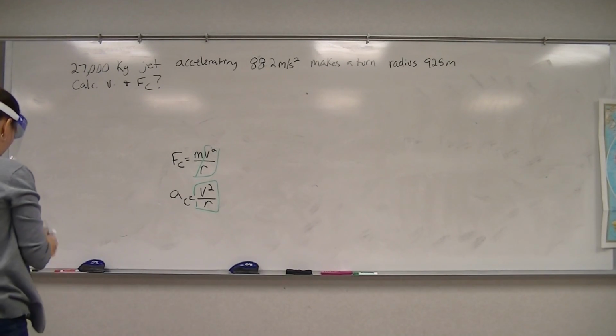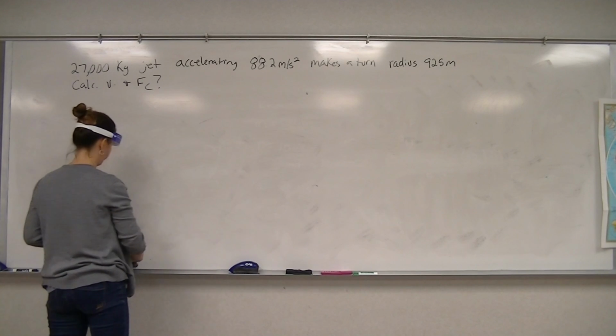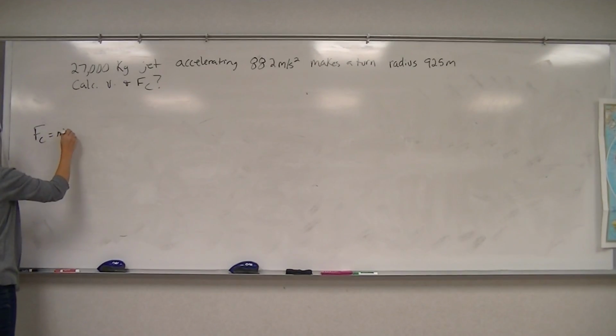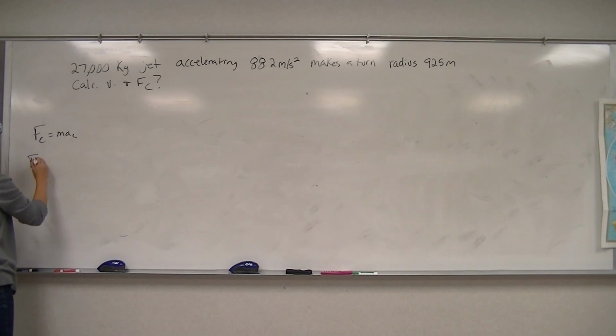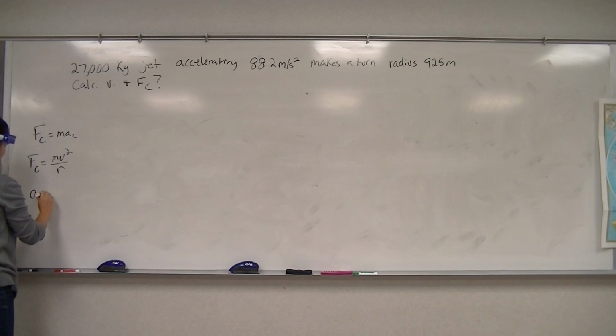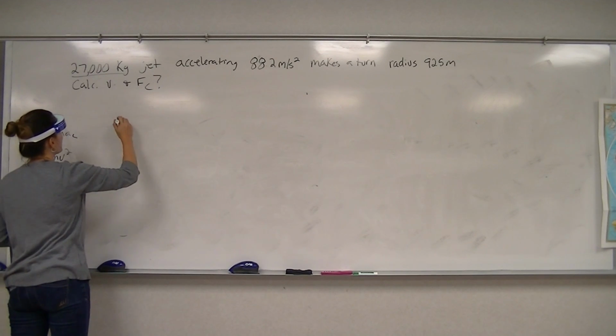I took the words and wrote the symbols. All right. So let's start with our knowns and unknowns. Equation off to the side there. So we have, first piece of information is kilograms.